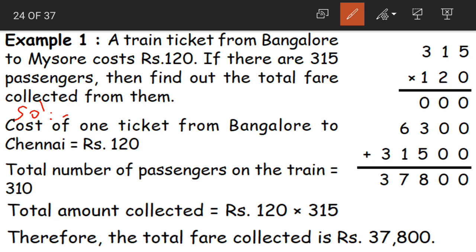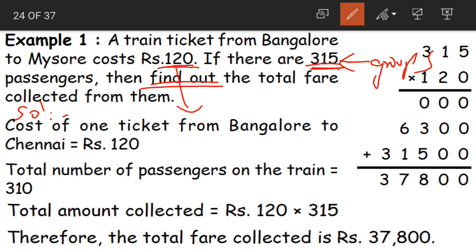As we studied in the first class, children, when is multiplication used? Multiplication is used when we have a number of groups and the number of objects in each group is the same, and we need to find out the total objects. Yes, there are 315 groups. Let us say these are groups here, and for each group the cost is 120.